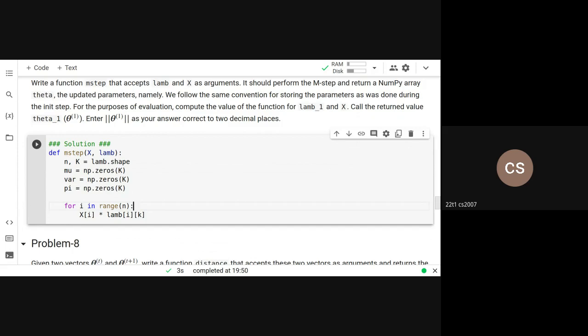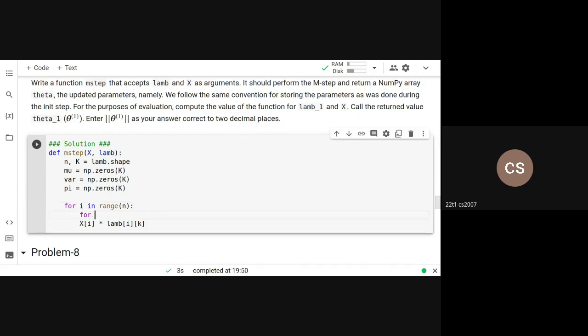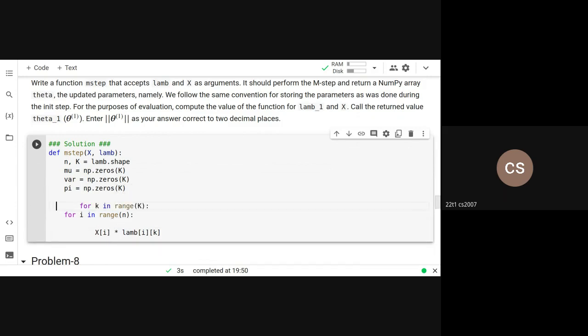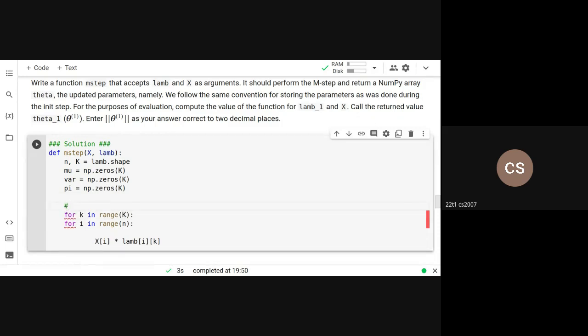So it's not enough if I just loop through the data points. I also need to loop through the number of mixtures. Sorry, this should be outside, right? Because we are trying to compute mu of k, the weighted mean.